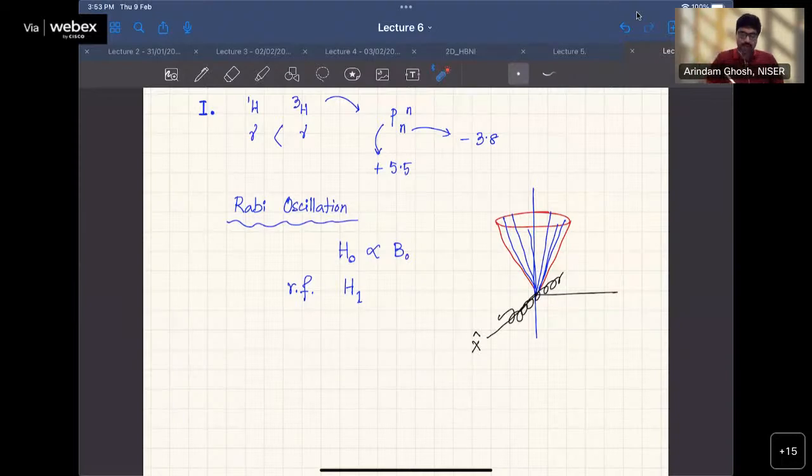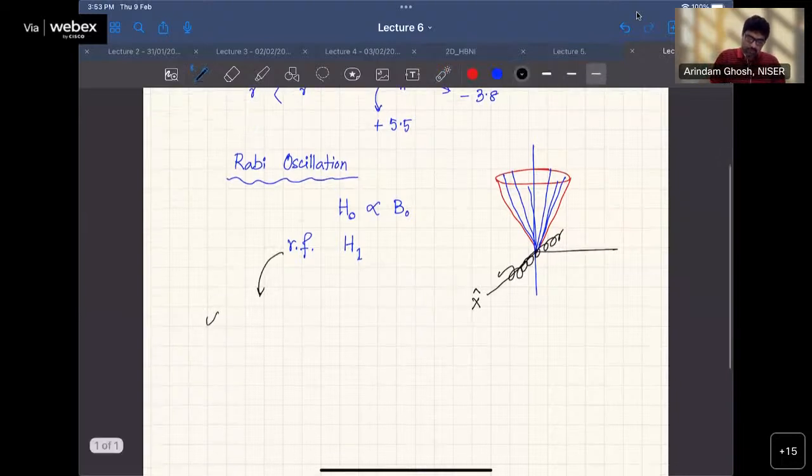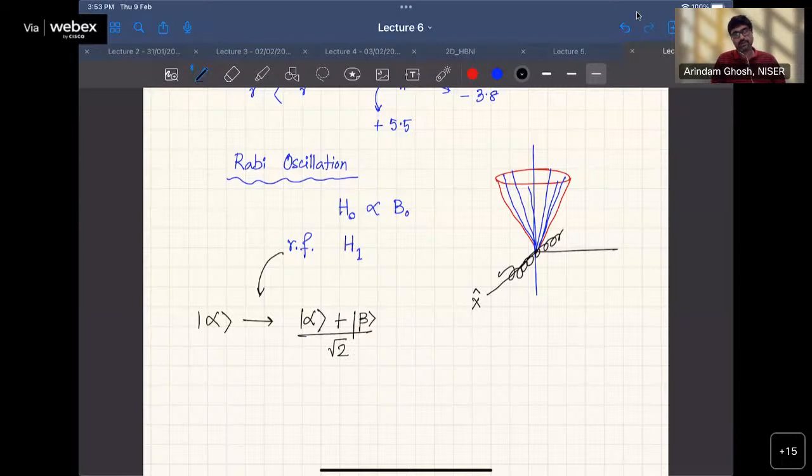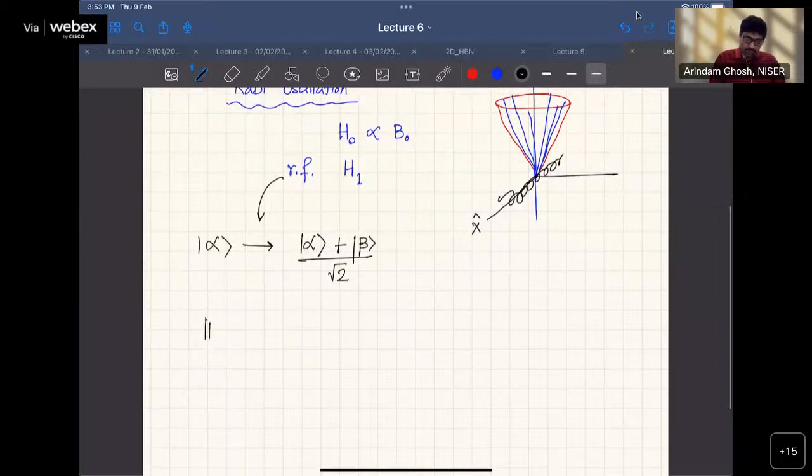When you give a pulse, those in the alpha state, the top state, go to a superposition of alpha and beta, while those in the beta state go to a state represented by alpha minus beta by √2. This is the mathematics going on.